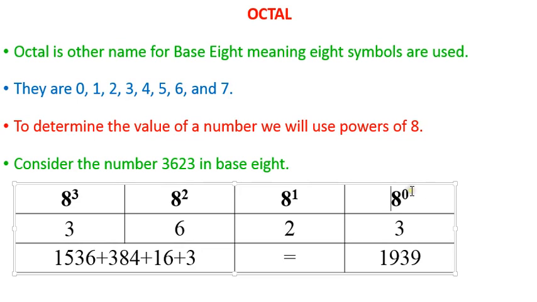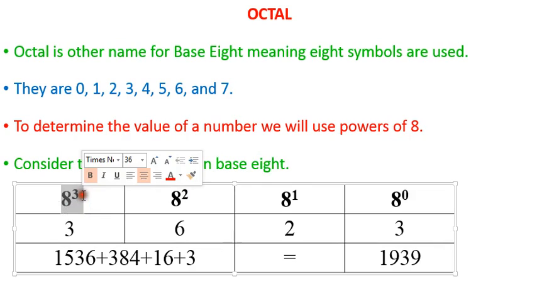Then the first one from my right hand side, I'll put a power of 0 to it. The next one, power of 1. The next one, power of 2. The next one, power of 3. So after doing that, I'll now say 8 raised to power 3, which simply means 8 times 8 times 8.